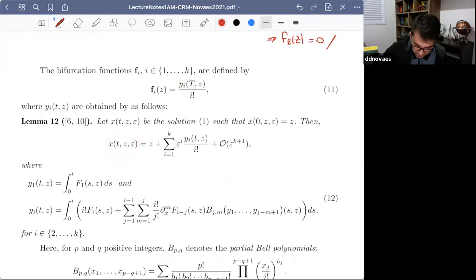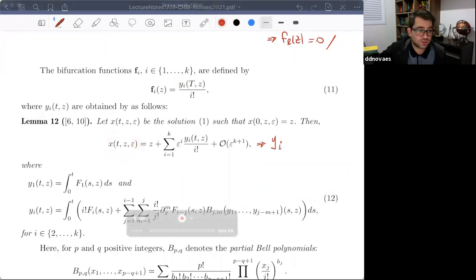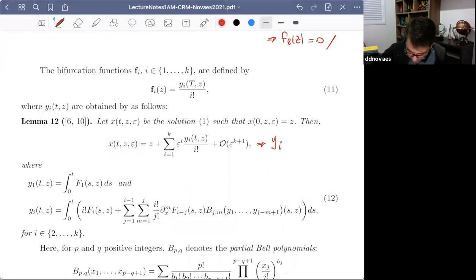So notice that y i of t z is equal to the i-th derivative of x with respect to epsilon computed at t z 0.